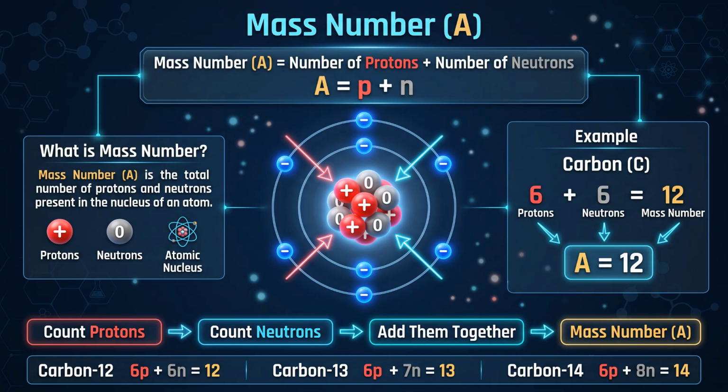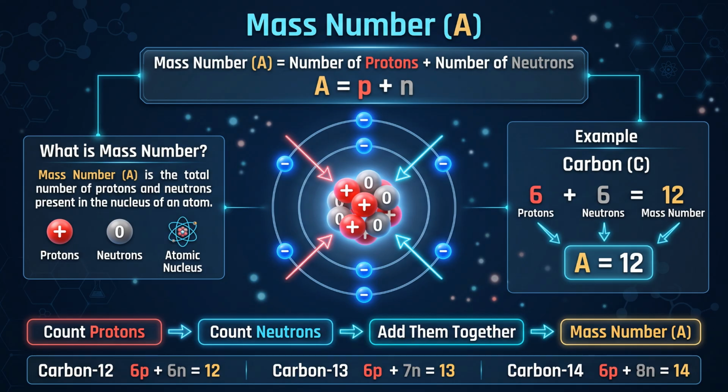In archaeology, carbon-14 dating helps scientists determine the age of ancient fossils and archaeological artifacts. In biology, isotopes are used to trace chemical processes inside living organisms. Thus, the concept of mass number is not only important in chemistry but also in medicine, physics, biology, environmental science, and many other scientific fields.